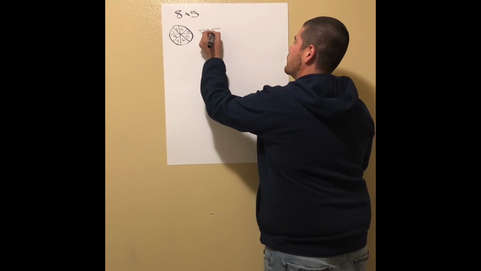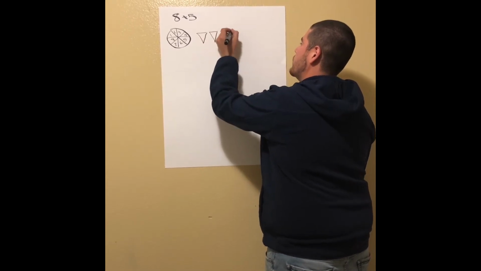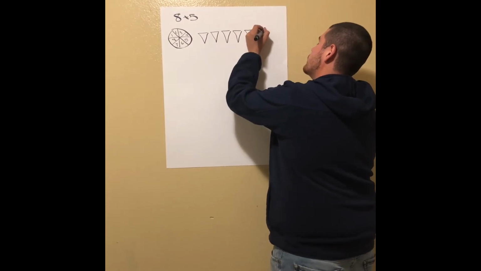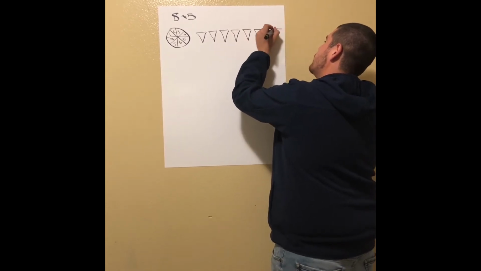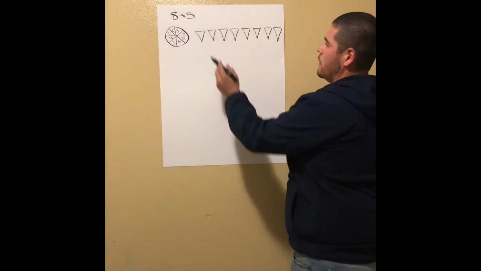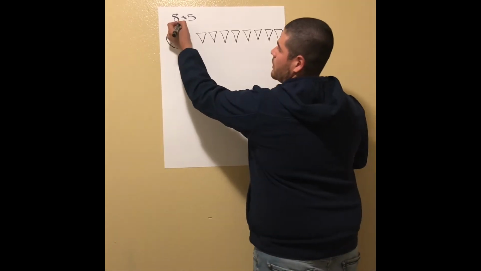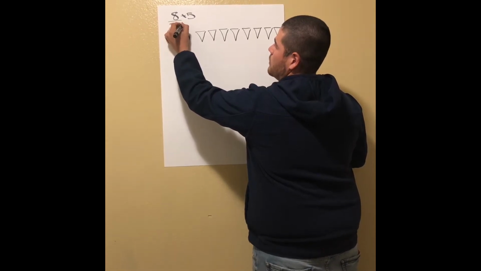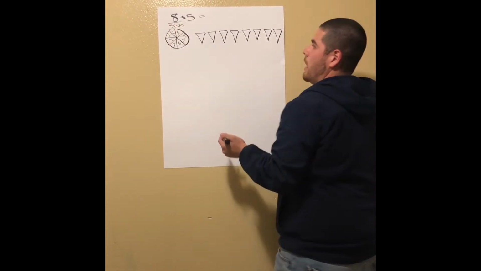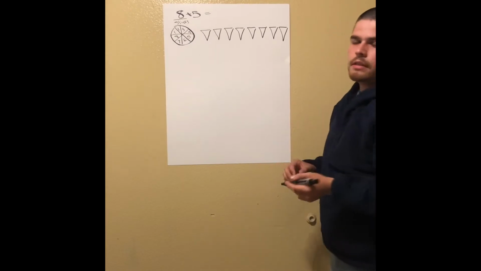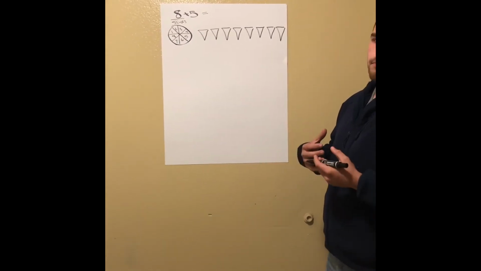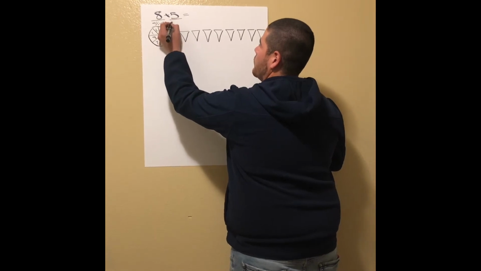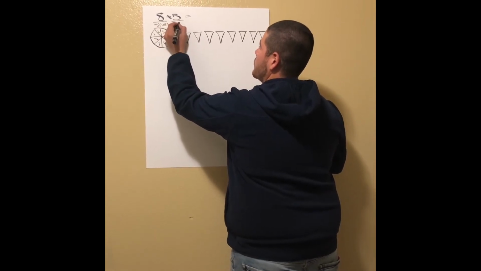These 8 represent our slices, and the 5 represents the amount of pepperonis I want to put on each slice of pizza. Our 5 is our pepperonis.